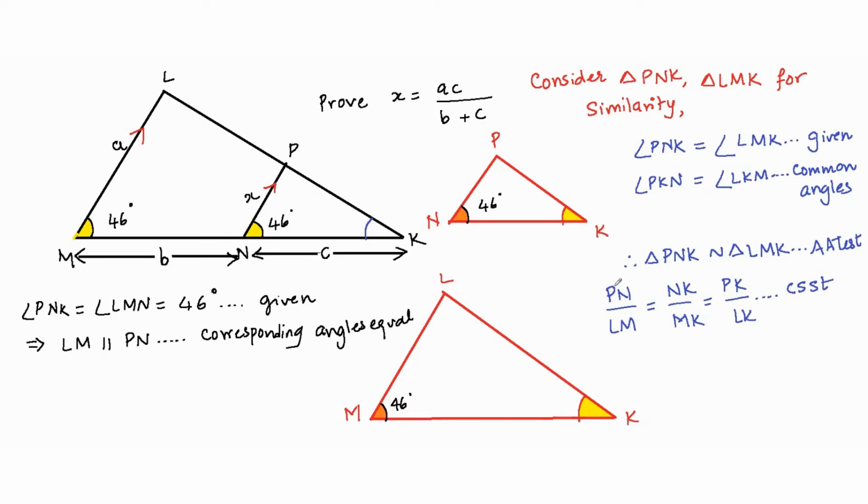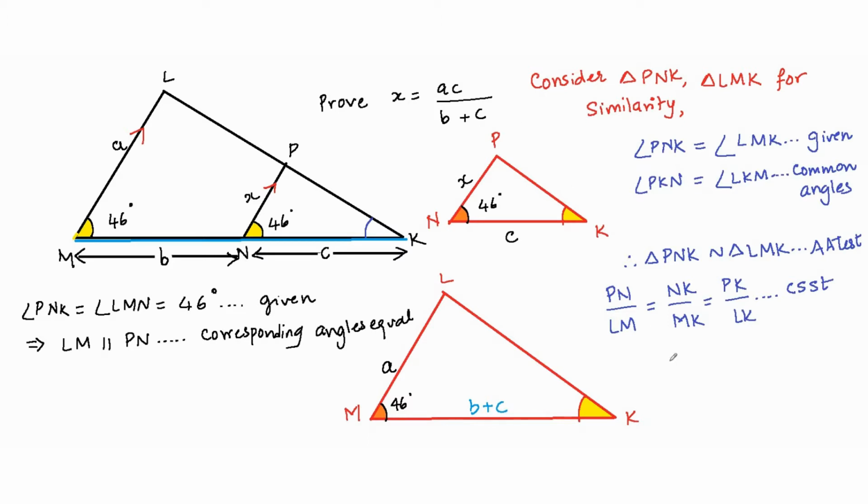Do we know PN? PN measures x. So why don't we write all the measures here? PN measures x, NK measures c, then LM measures a, and MK is the length of this whole side. So the length of MK is going to be b plus c. So MK is therefore equal to b plus c.